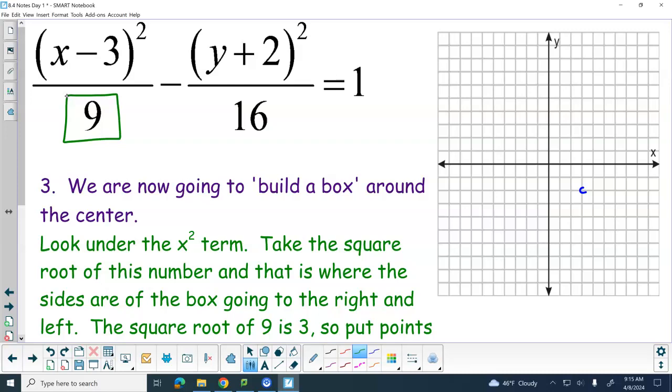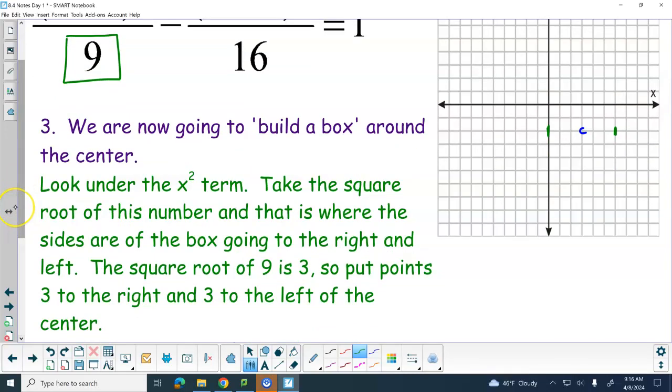I'm going to go 3 to the right and put a dash, and 3 to the left and put a dash. Those are going to be the left and the right sides of my box, which is why I only put a dash that far out. I don't know how far up or down I'm going yet until I get to step number 4.